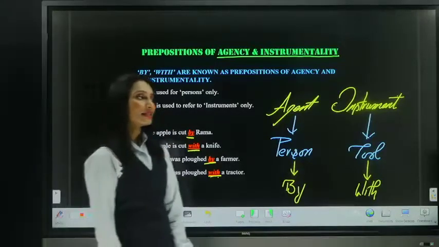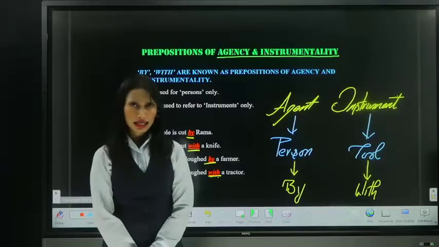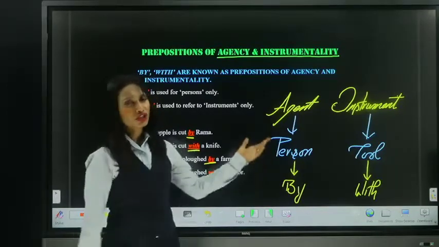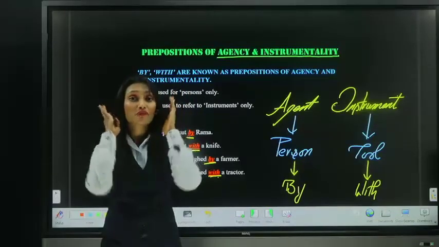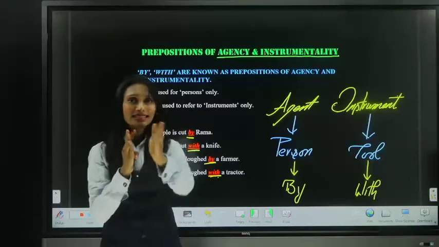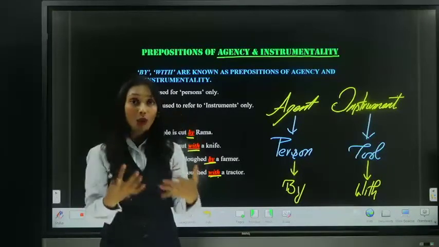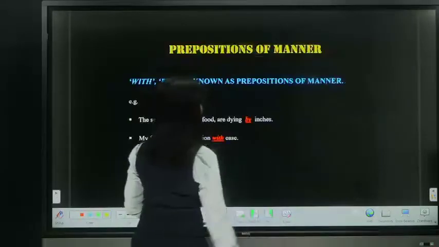Now let's see the next one, prepositions of manner. Again, the same prepositions by and with are also used to indicate manner, to denote how something has taken place or how something is done. For example, look at these examples.